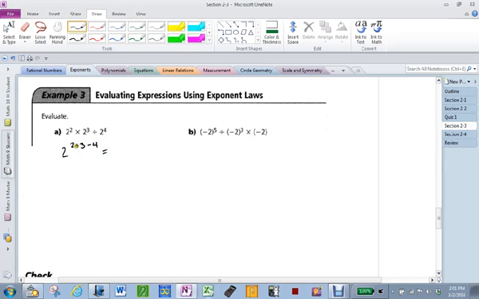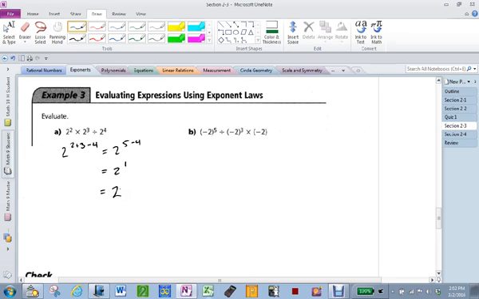According to BEDMAS, we do addition first. What is 2 plus 3? 5. So that's 2 to the 5th minus 4, which is 2 to the 1. Would we ever write that? No. What's the answer? 2. Okay. Everybody good?